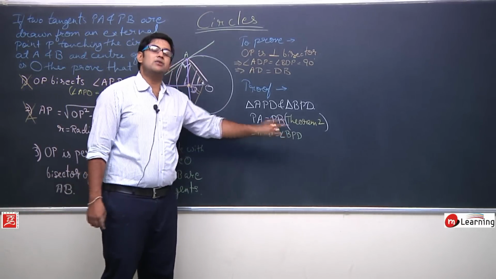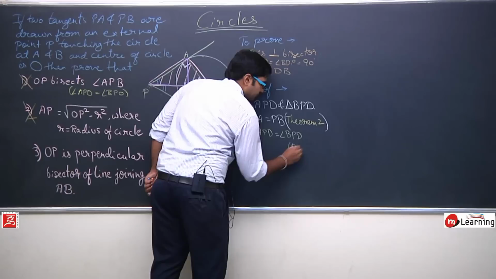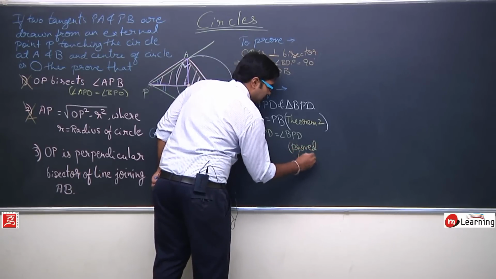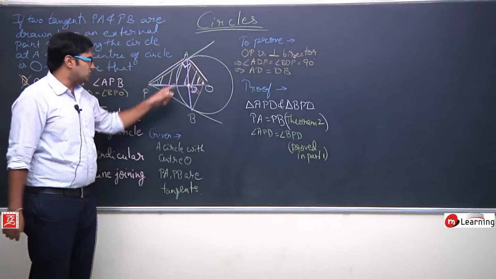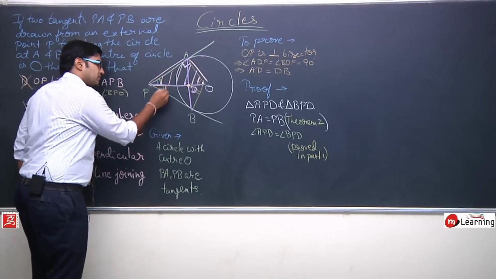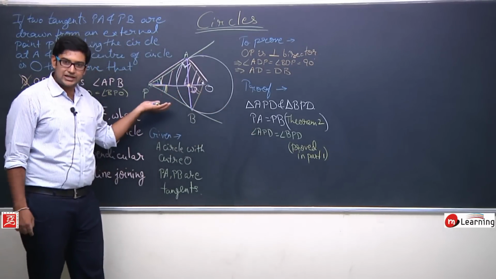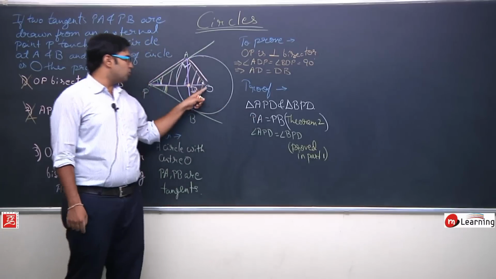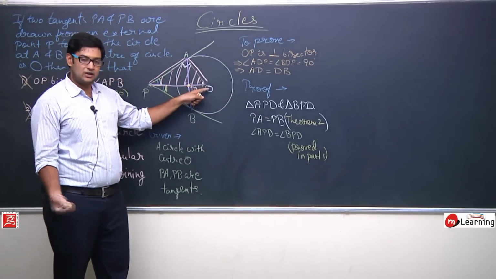APD and BPD are equal because we have proved in part 1. पार्ट 1 में हमने इन दोनों एंगल्स को बराबर प्रूफ किया था, this angle and this angle. तो उसी प्रूफ को हम इस बार यहां पर यूज कर लेते हैं. तो APD और BPD इक्वल है. हमने APO और BPO को प्रूफ किया था इक्वल.